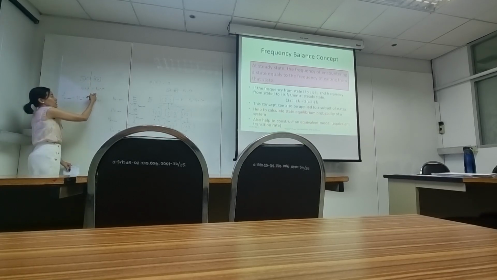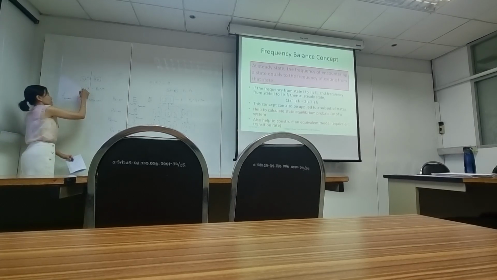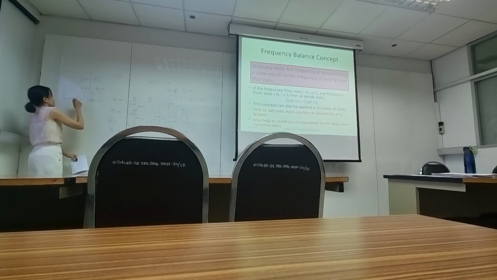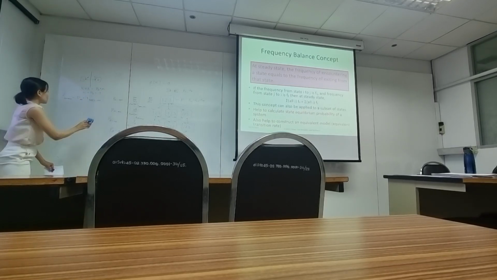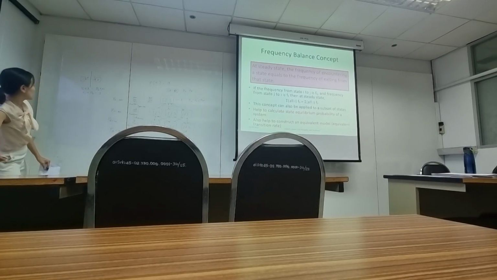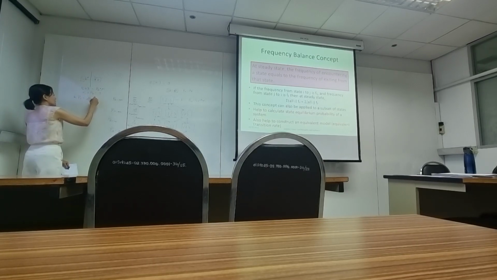And then, of course, you need the auxiliary equation, which is probability of up plus probability of down equals 1. Two equations, two unknowns. Then you can solve the equation. So here you have PU equals mu over lambda PD.